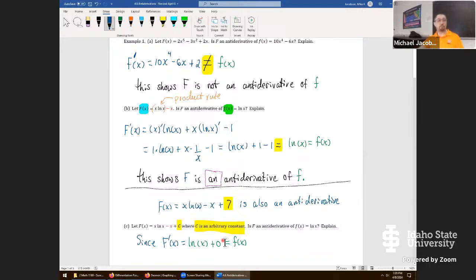So since we got that equation to work out once again, we will now say in this context, this shows F is the, and that's a little bit weird to say because now it's the definite article, it is the antiderivative of f, lowercase f in this case.